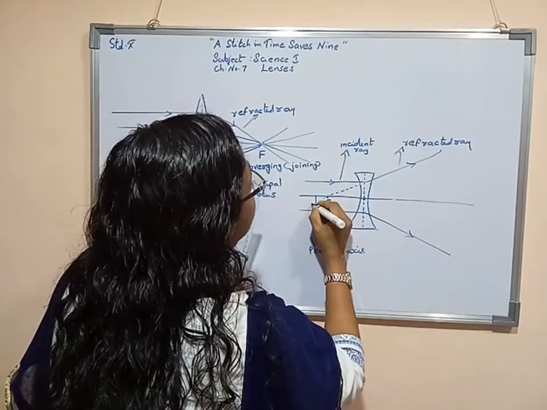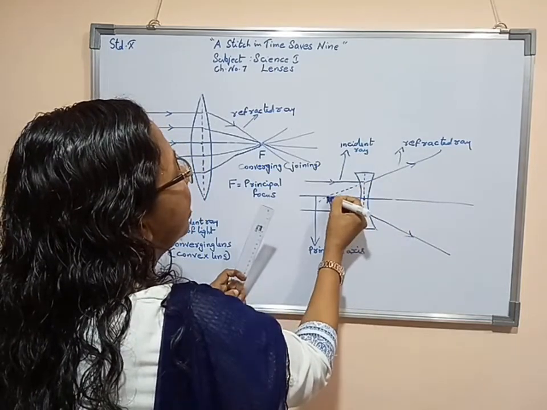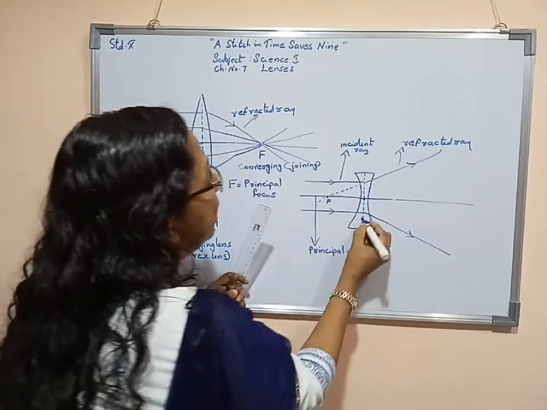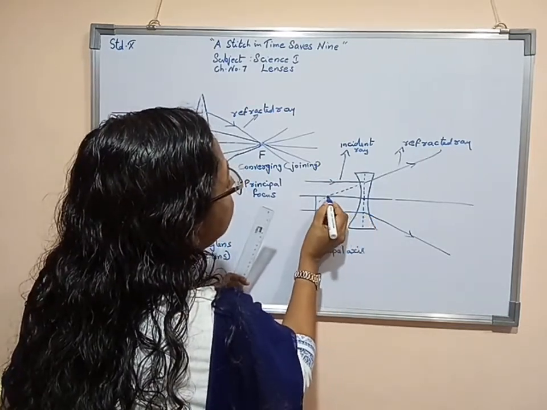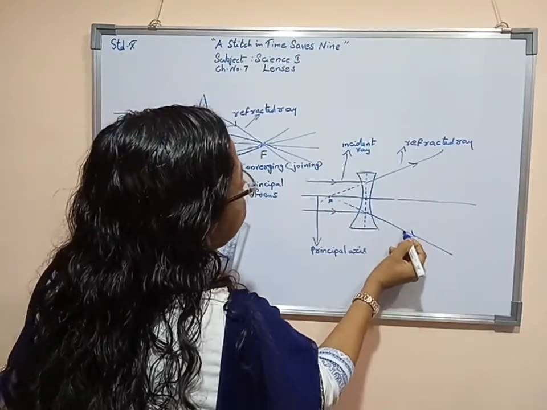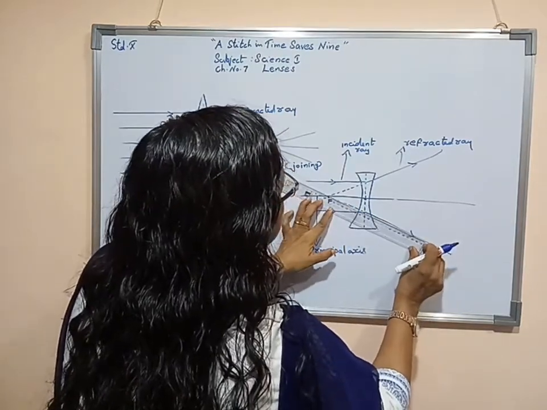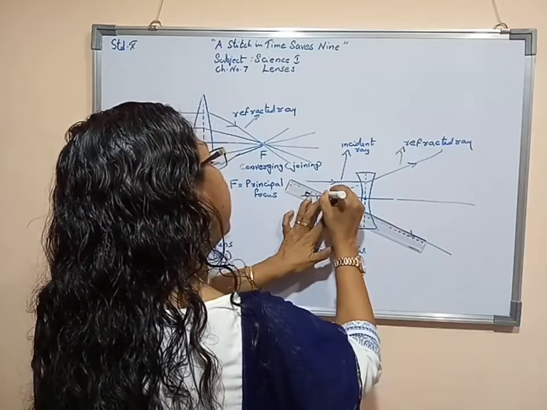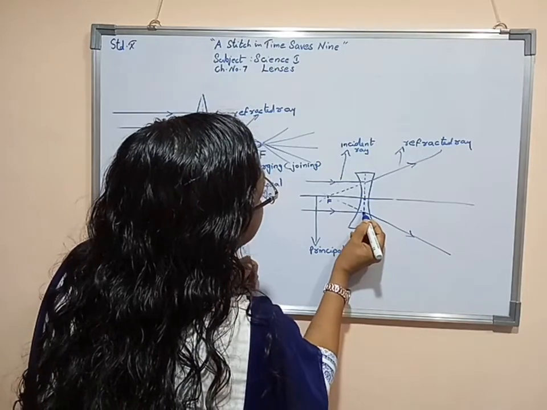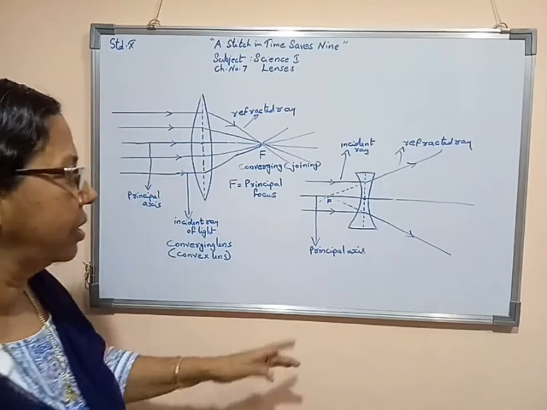Again, if we develop it backward, it will also join at a point, and this point we call the principal focus. Again we can develop this one towards here, and if we draw a straight line, it will be a straight line passing through the principal focus. Or if we draw a line from here, we find that it joins here at the principal focus.